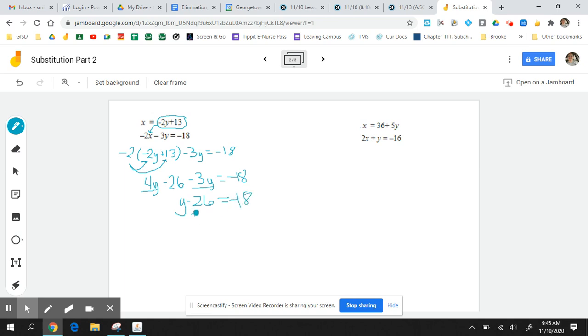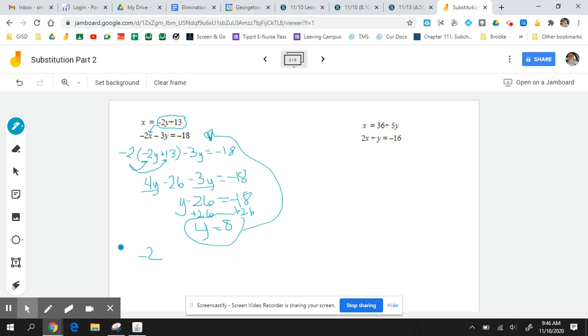I will have to add to get the 26 to the other side. And y equals, what is 26 minus 18? And you should get 8. Plug that into one of these two equations up here.